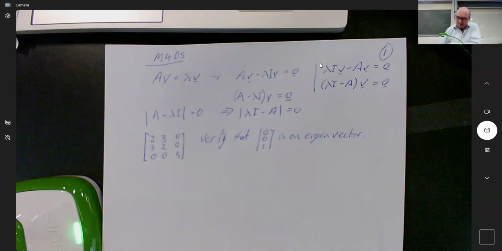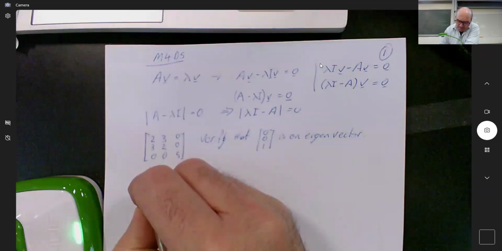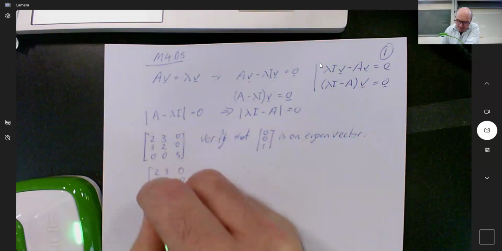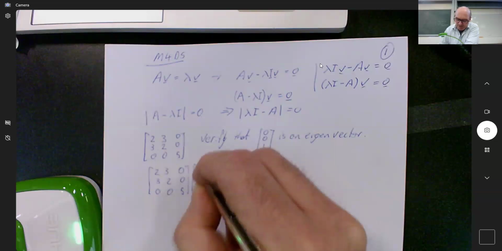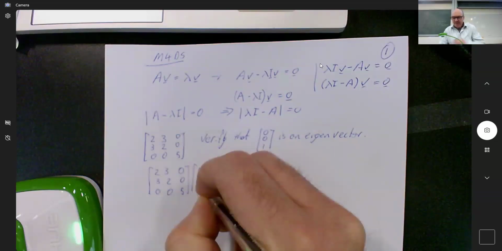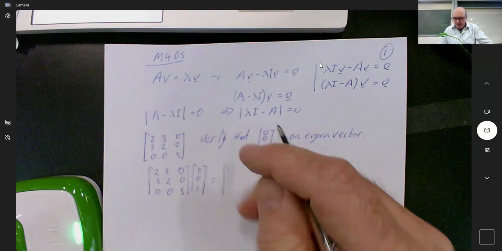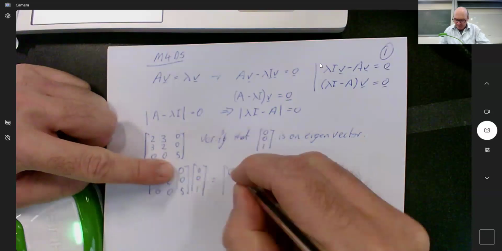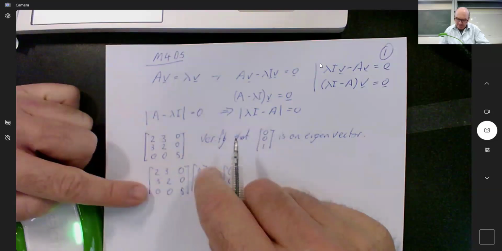So verify this is verify an eigenvalue. It really is just doing the multiplication. See how much of it you can get done before it catches up with me doing the working. This is going to be really easy because it's 0 plus 0 plus 0, and then 0 plus 0 plus 0, and 0 plus 0 plus 5.